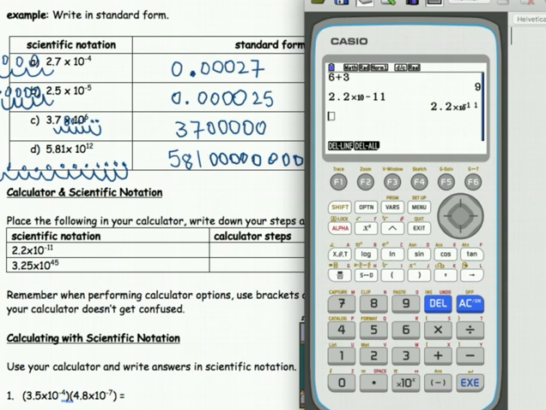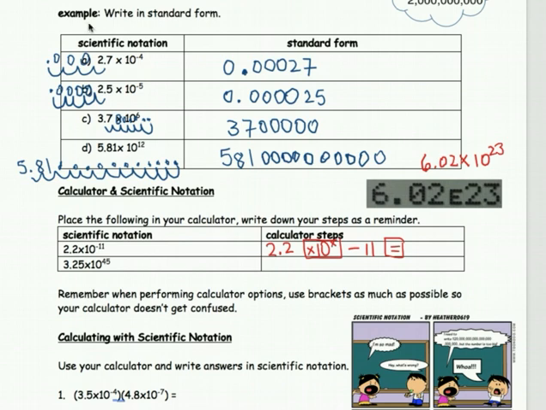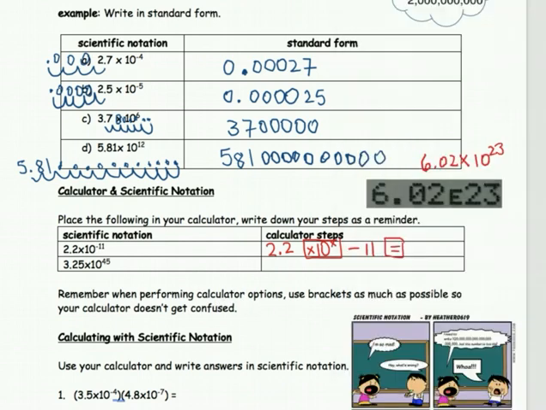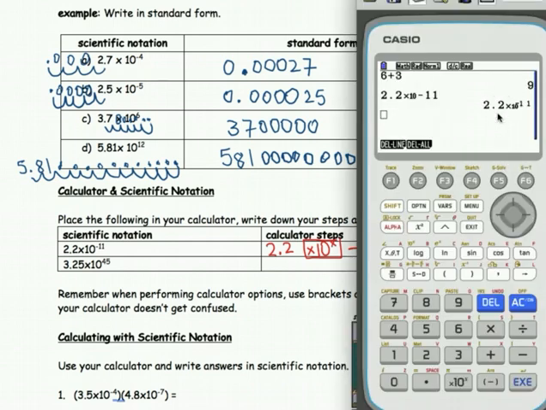I wrote down here the steps that I used to enter it into that scientific calculator. I entered 2.2, then I hit the button times 10 to the x, and then I put in negative 11, and then hit equals, and the calculator accepted it, and it's showing right there.